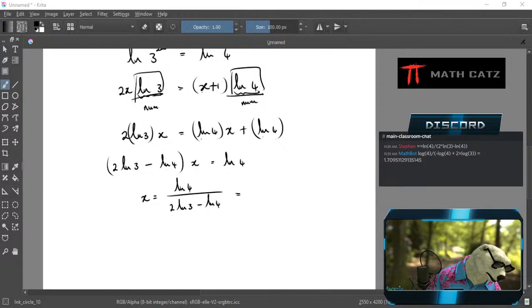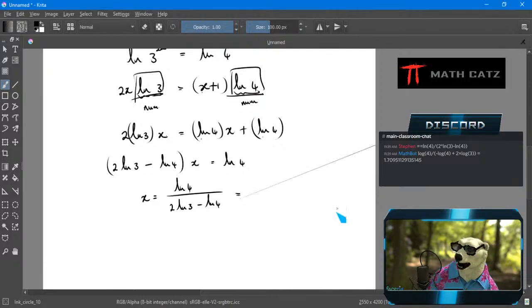Hopefully that is correct. And of course, in the meantime, you would have done that and you can confirm my answer as 1.7095. Final answer, I can round that. And I like 4 decimal places if nothing else is instructed for me to do.